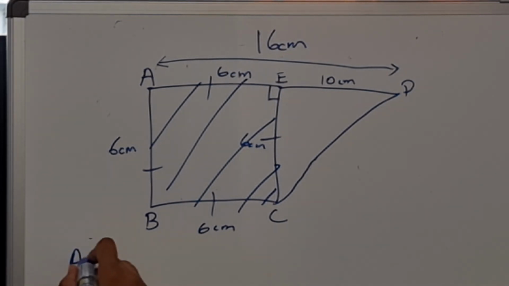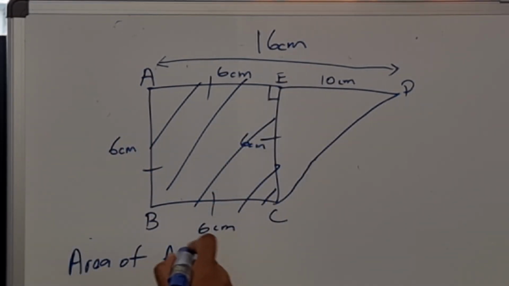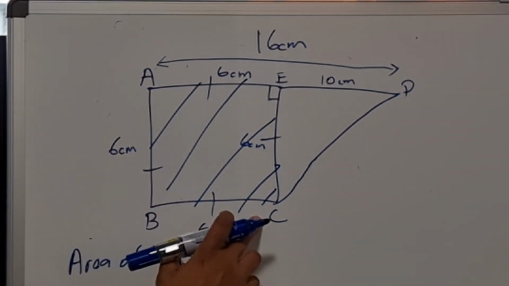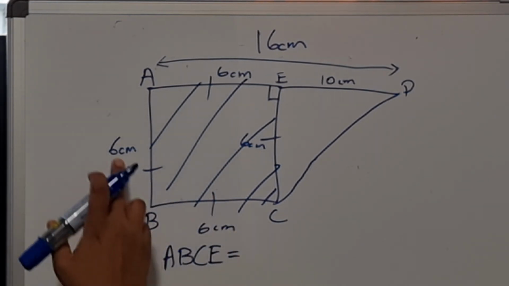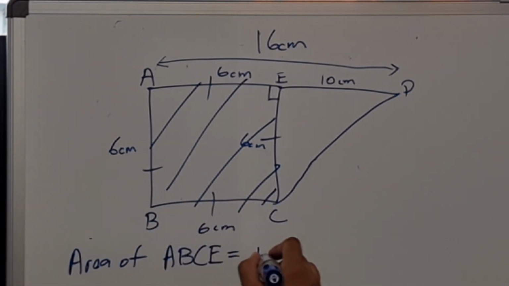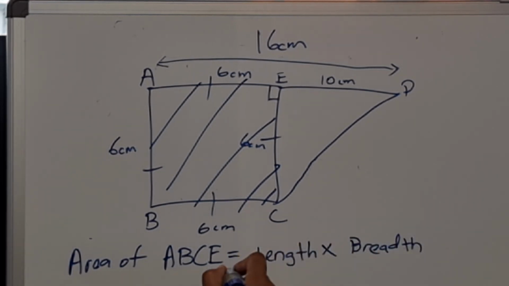So area of A, B, C, E is, area of square will be length times breadth. 6 times 6, length times breadth. 6 times 6, 36 cm squared.